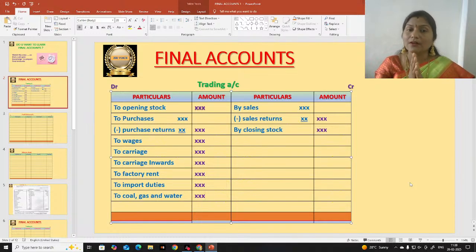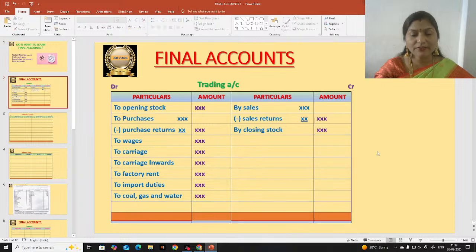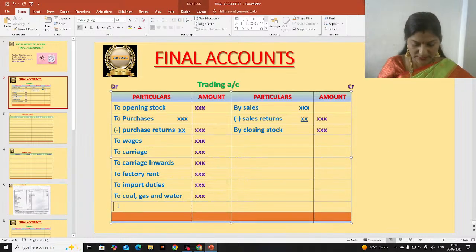So suppose debit side total is less, then you will get gross profit. So on the debit side you should write gross profit. Gross profit is an answer in trading account always. And when we write gross profit, the amount is less on the debit side.